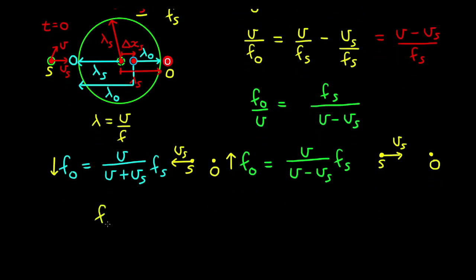So in general, we have the frequency heard by the observer is v on v plus or minus vs by the frequency of the source.